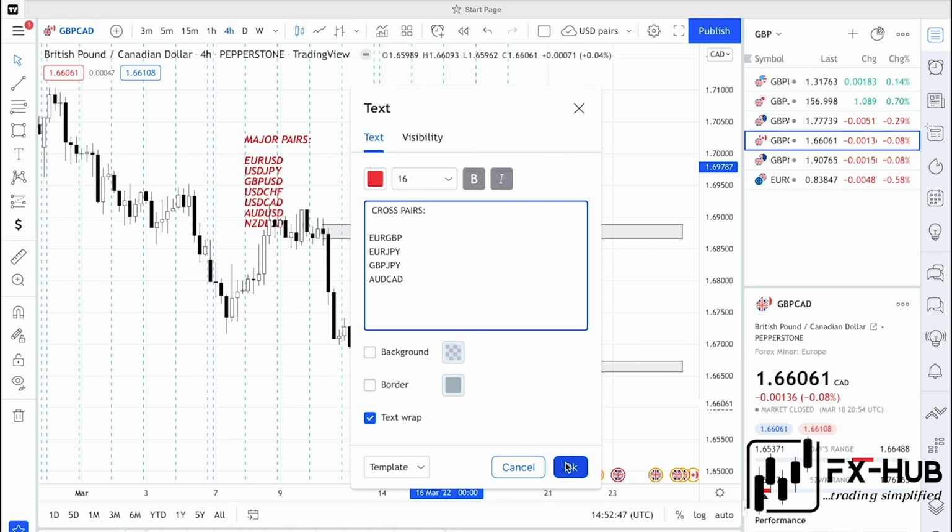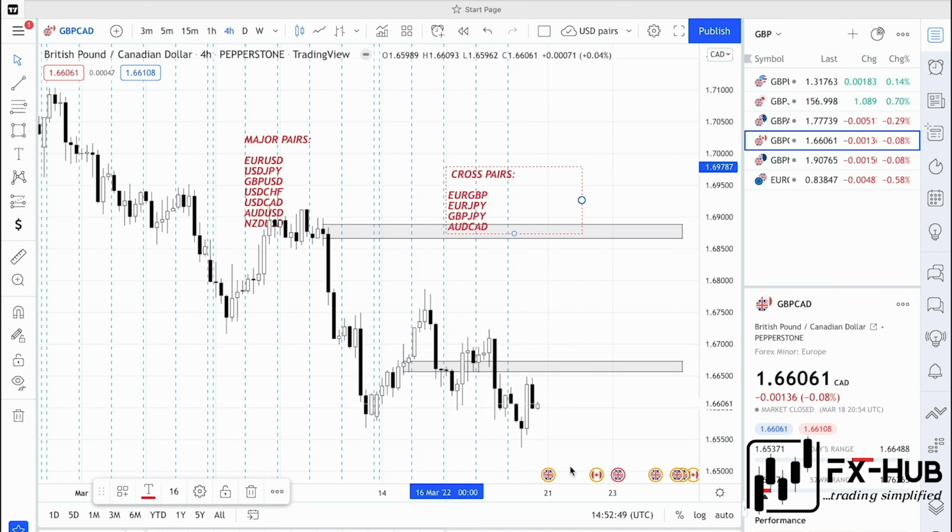So the cross pairs, they do not contain US dollar as either the base or the quoted currency.